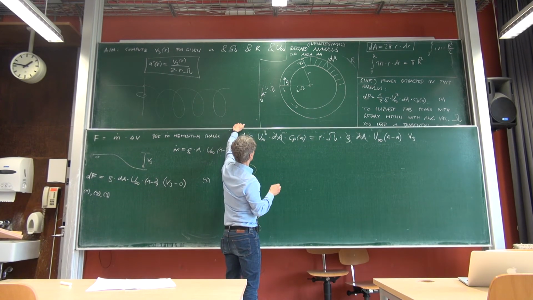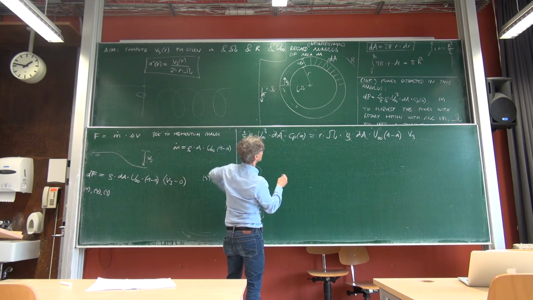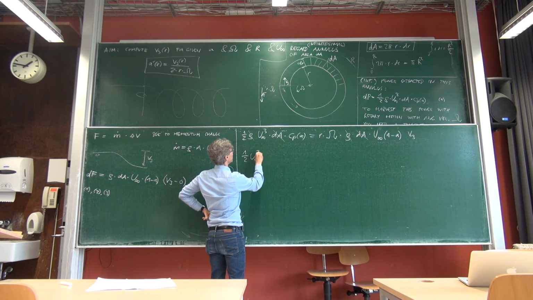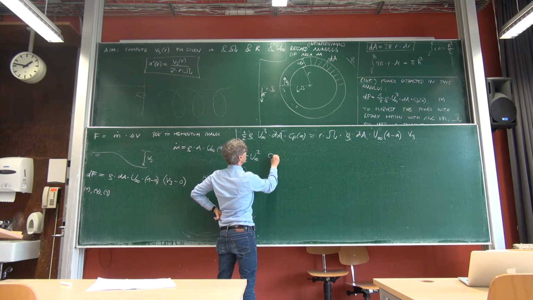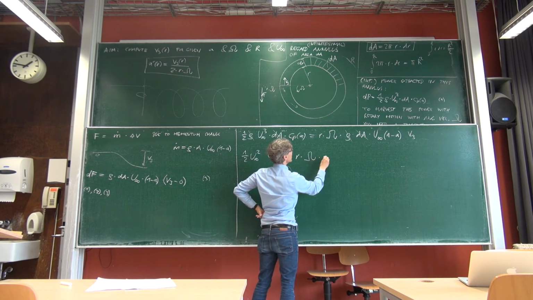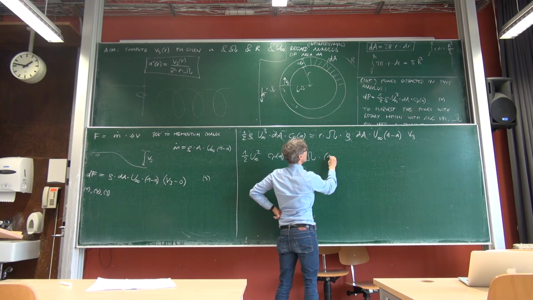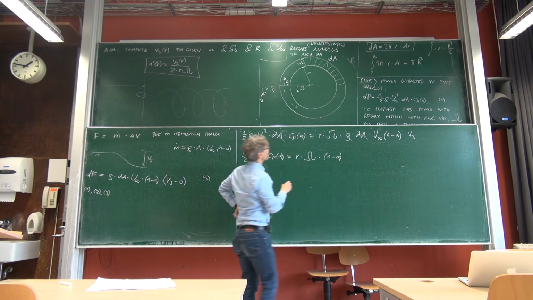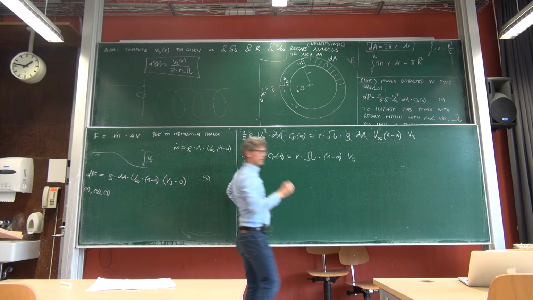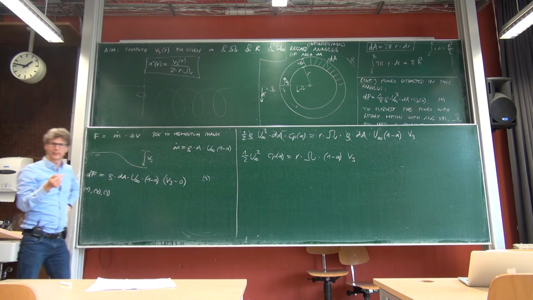Let me just collect what is remaining. So I have a 1/2, then I have a u infinity squared here. I have a CPA, then here I have an r times an omega times 1 minus a, and then a v3. And please remember the v3 will depend on radius later.